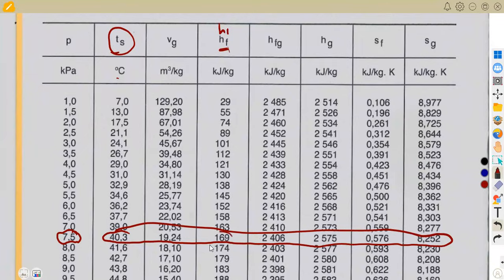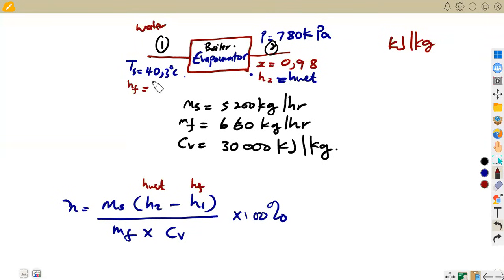Our HF there is 169 down here. We have 169 kilojoules per kg, these are the units that we are given. So we've got the value of HF from there. Let us write our HF: 169 kilojoules per kg.